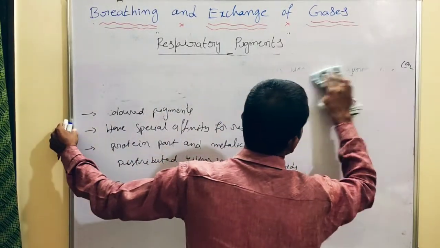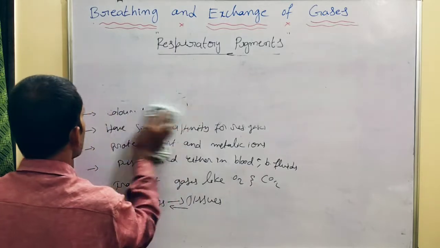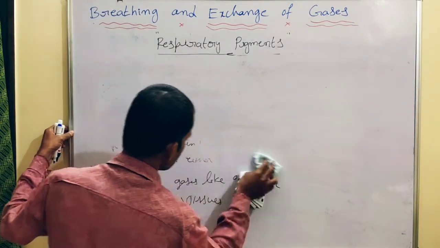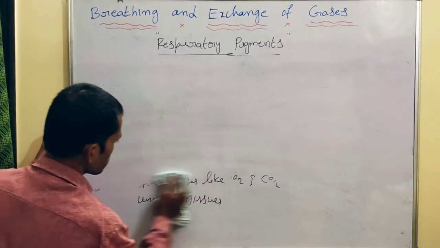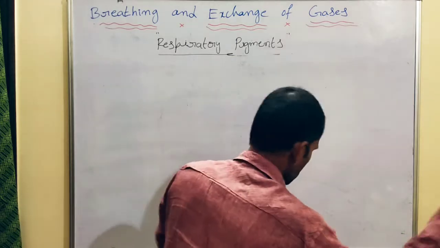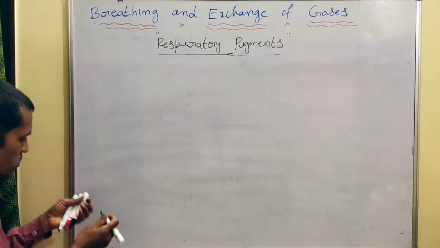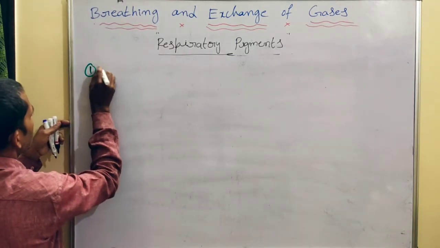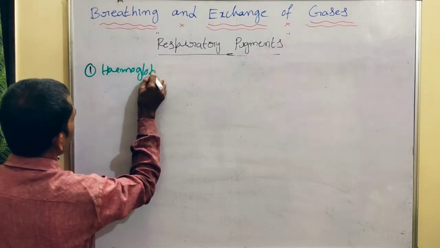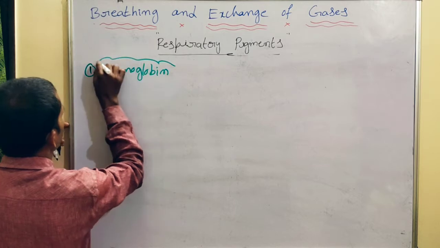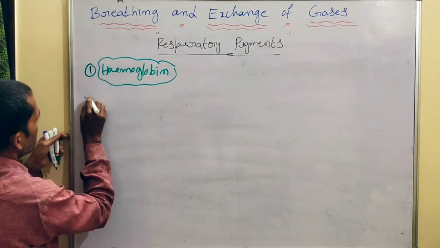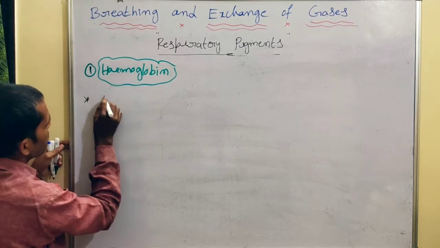Let us list out various names of respiratory pigments belonging to different animals of different phyla and classes. The most familiar one is hemoglobin. Hemoglobin is one of the important respiratory pigments which appears in red color.